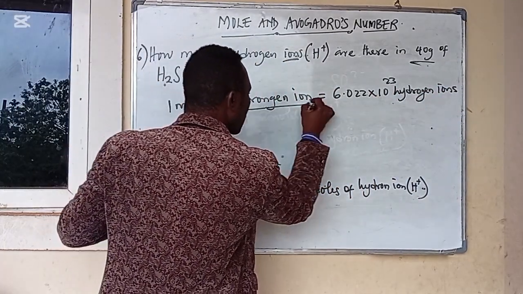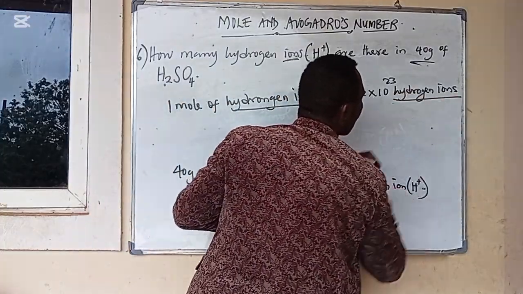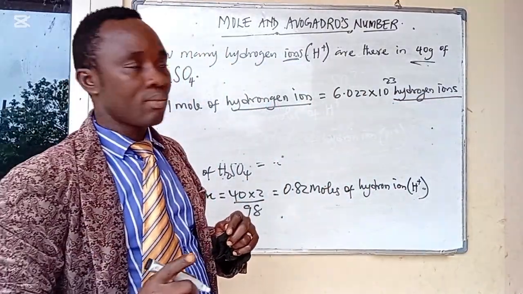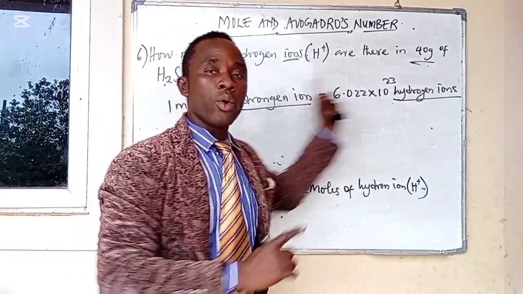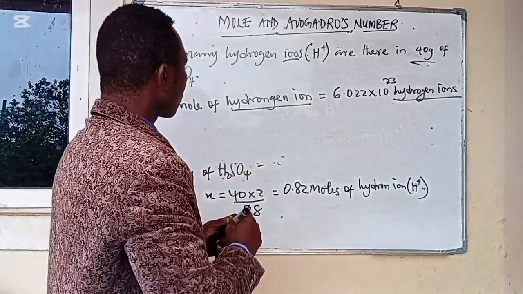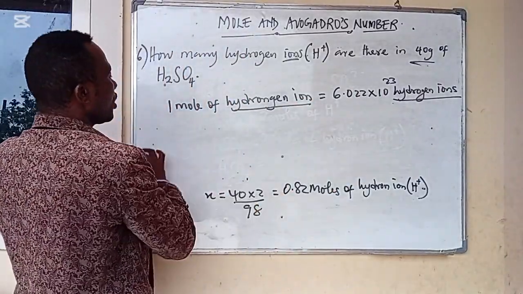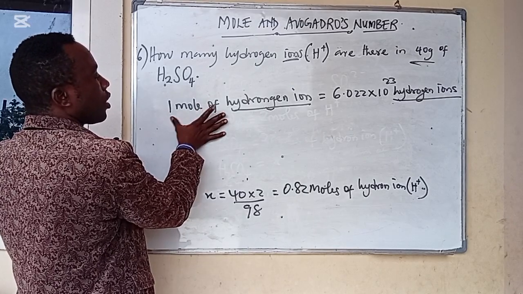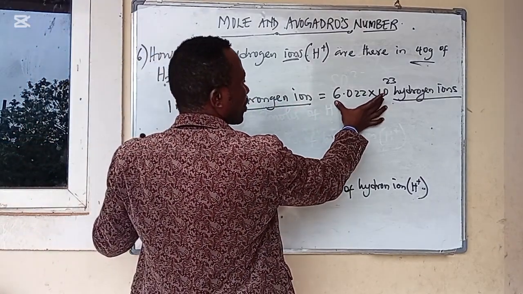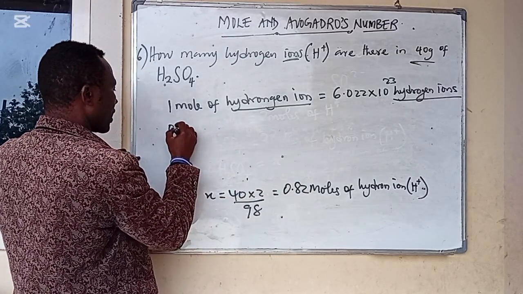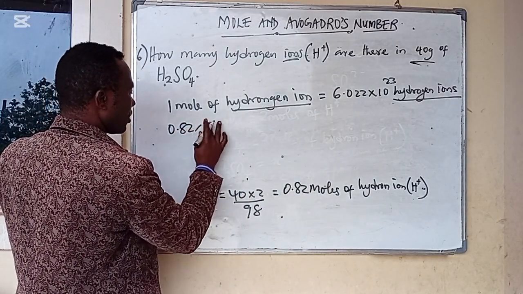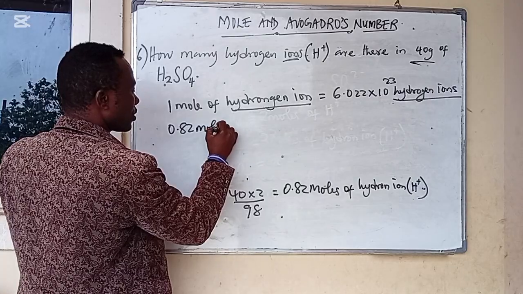Hydrogen ion goes with ion. Atom will go with atom, molecule will go with molecule, ion will go with ion.